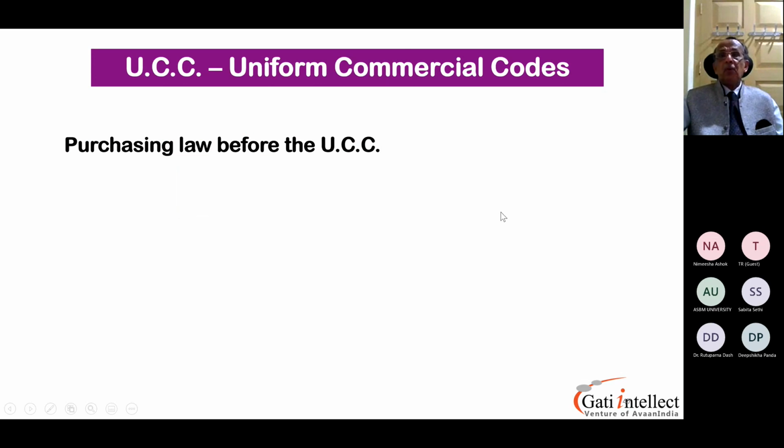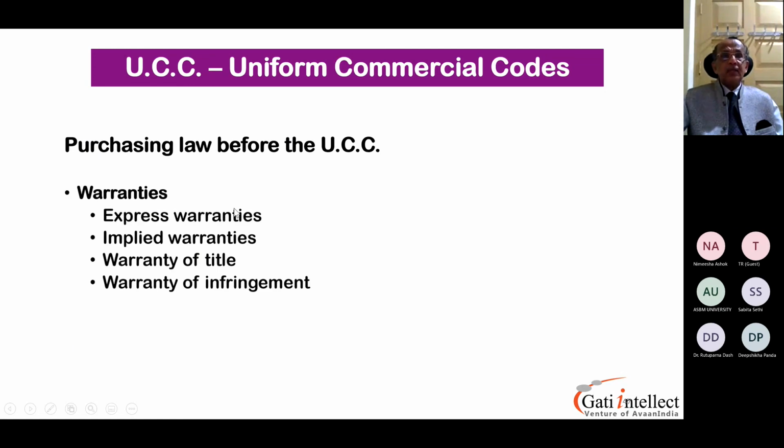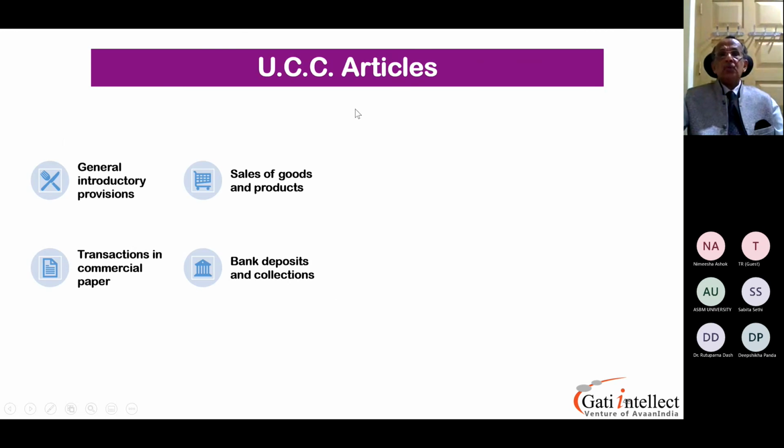This is the Uniform Commercial Code. I'll just make it fast. Purchasing law before UCC: there are express warranties, implied warranties, warranty of title, warranty of infringement. They all come under UCC. Now UCC has other articles meant for general introductory provisions, transactions on commercial paper, sale of goods and products, then bank deposits and collections.